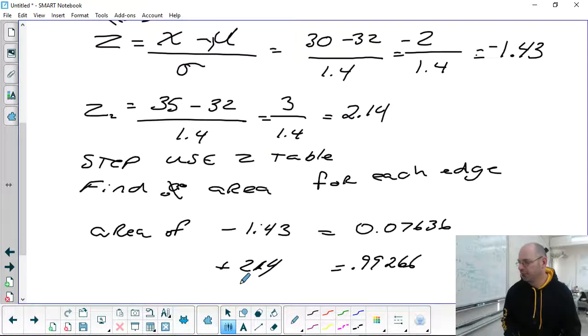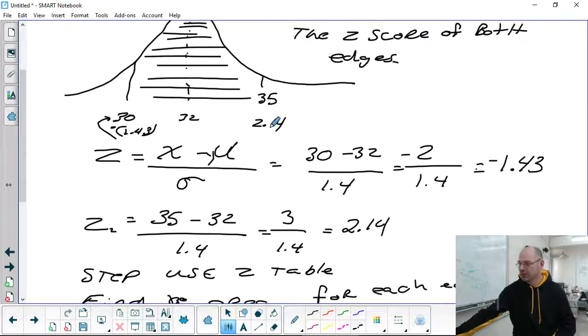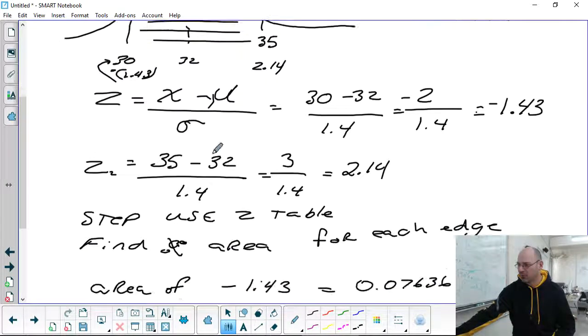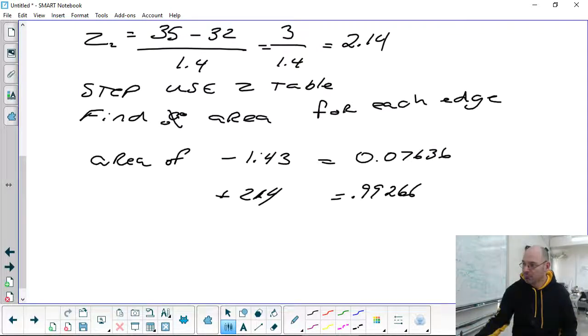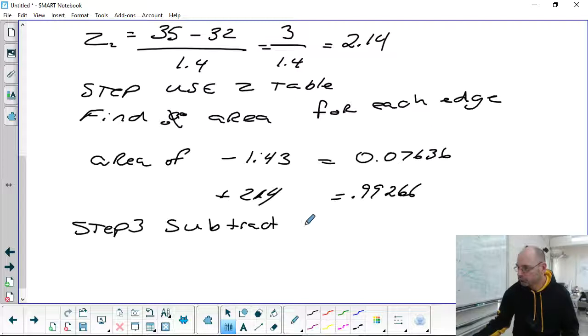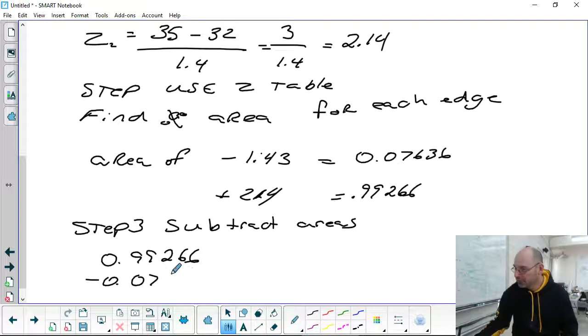So the percentage that fit in between, we have to subtract them. This one is bigger than that one. So to get the area in between, we subtract the two. So step 3, subtract the percentages. So 0.99266 subtract 0.07636.